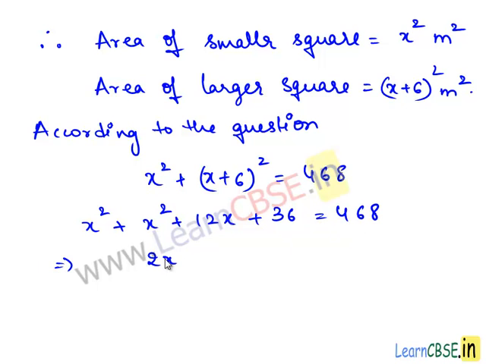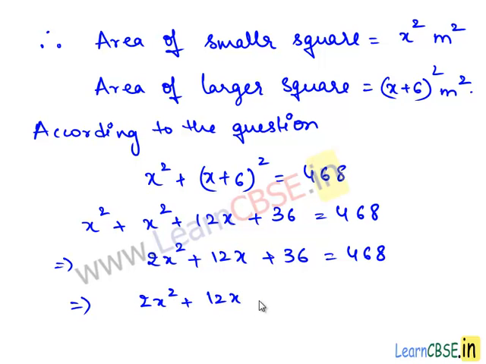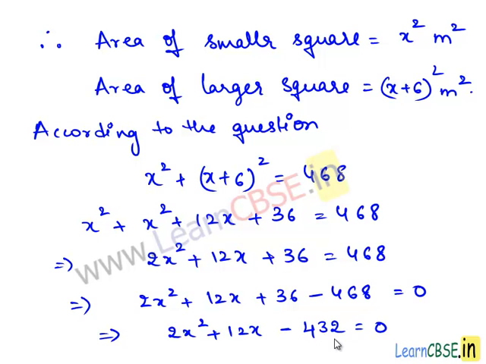This implies 2x square plus 12x plus 36 is equal to 468. So now on transposing 468 to LHS, we have 2x square plus 12x plus 36 minus 468 is equal to 0. So this implies 2x square plus 12x minus 432 is equal to 0.